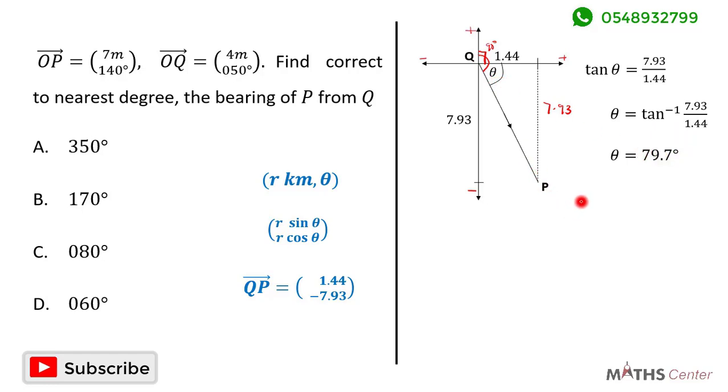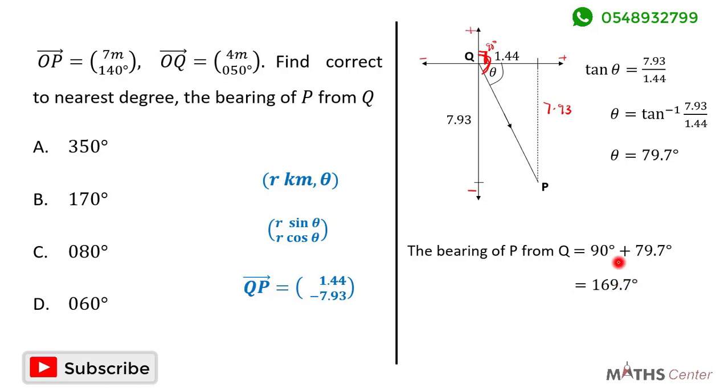As I've already indicated, the bearing of P from Q is the total angle here. We have seen that the one here is 90 degrees, and we have just found out that theta is 79.7 degrees. So the bearing of P from Q will be equal to 90 degrees plus theta, which is 79.7 degrees. And this will give us 169.7 degrees.